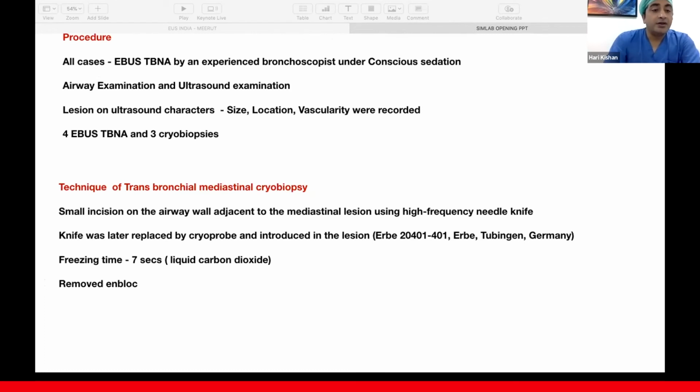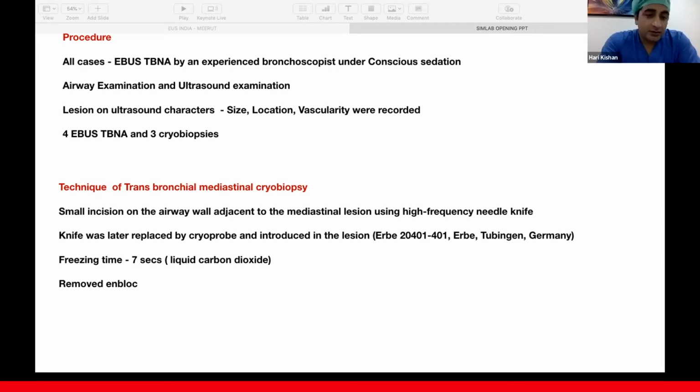Then for the procedure, all these patients underwent EBUS TBNA by an experienced bronchoscopist, with airway examination followed by ultrasound examination as a standard. The ultrasound characteristics of the nodes were recorded on a routine basis. They did 4 EBUS TBNA passes followed by 3 cryobiopsies in all of these patients.